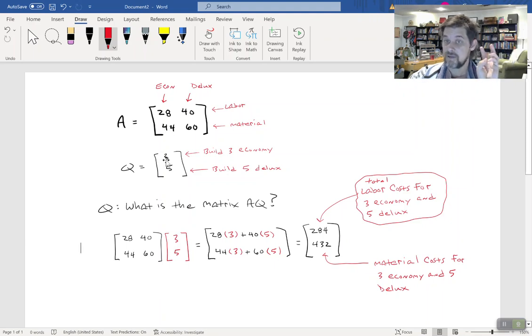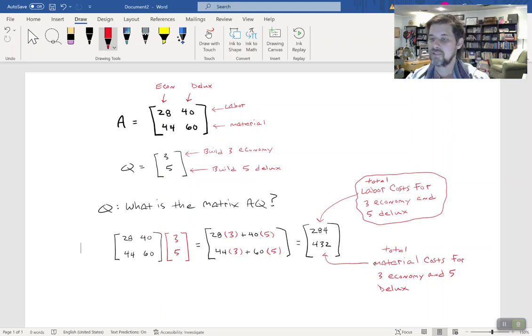I built 3 economy models. And then plus 60, the material cost for the deluxe model, times 5, how many deluxe models I built. Well, that'd be the total material cost for 3 economy and 5 deluxe, right? Just looking at the numbers.